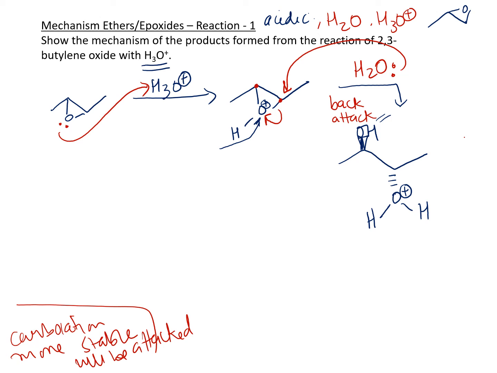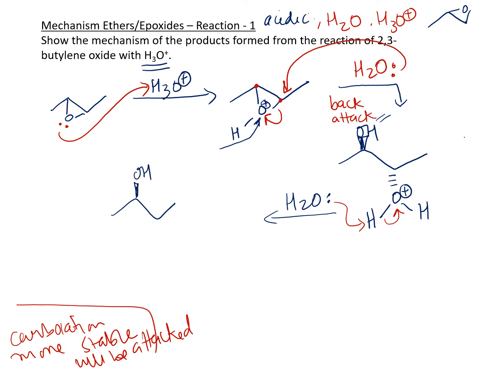One has to be in the front, the other one has to be at the back. The last step remaining is to deprotonate this oxonium ion, and so now I can write my product.